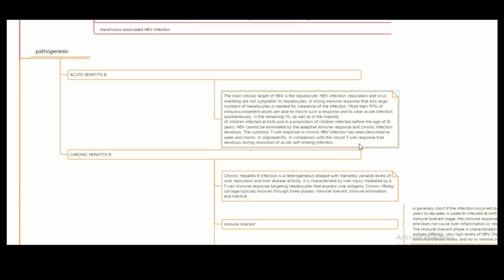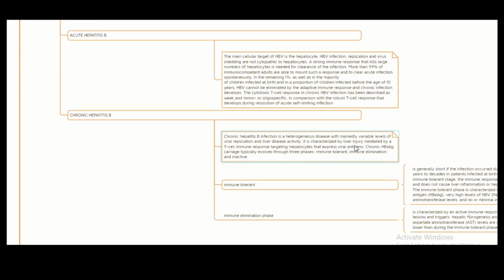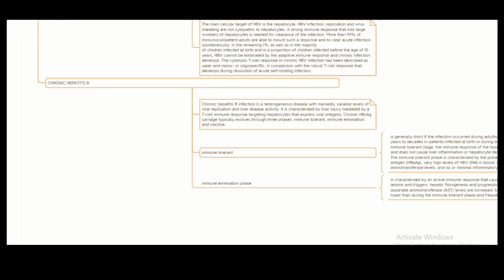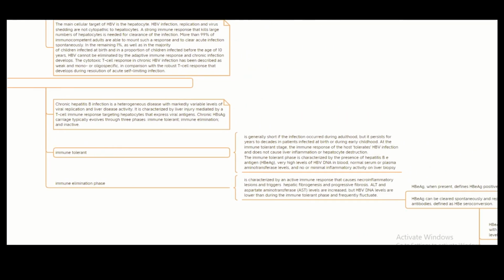First of all, we should understand that chronic hepatitis B is a heterogeneous disease with variable levels of viral replication, liver inflammation, liver injury, and immune response. These changes depend on the phase, and the phases have a lot of factors that dictate when they start and when they finish.